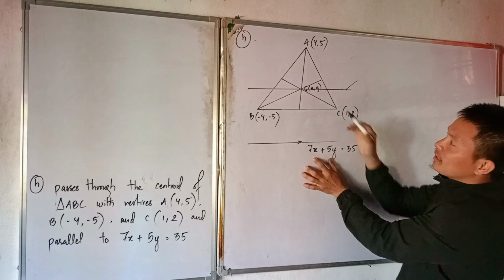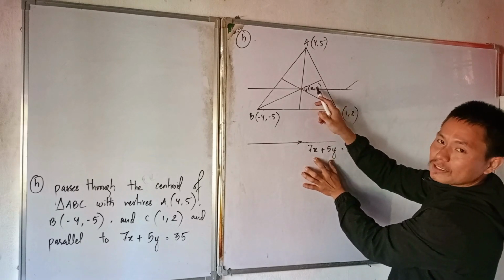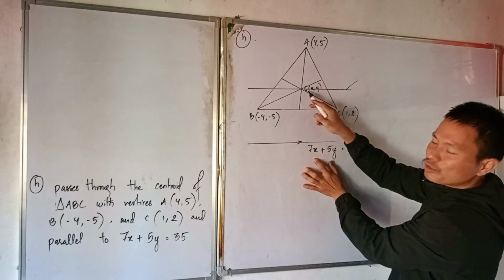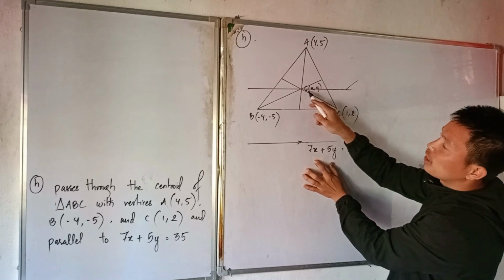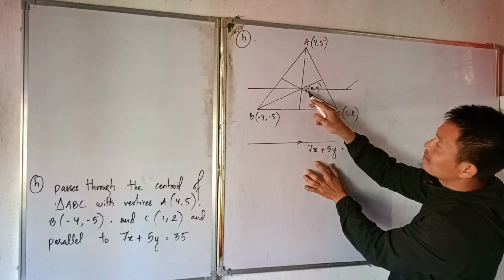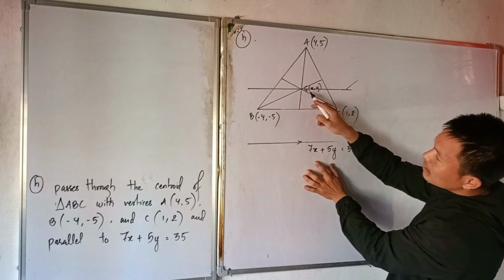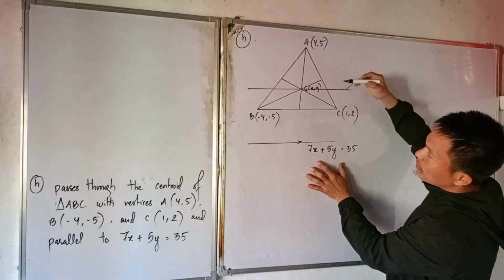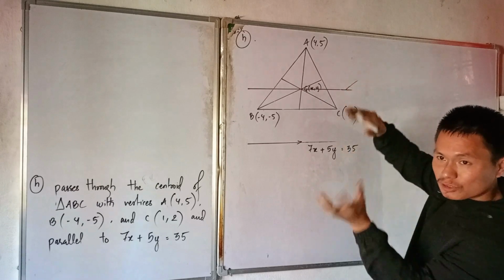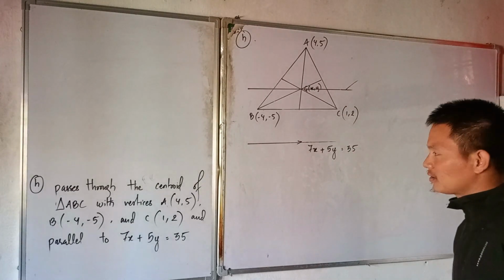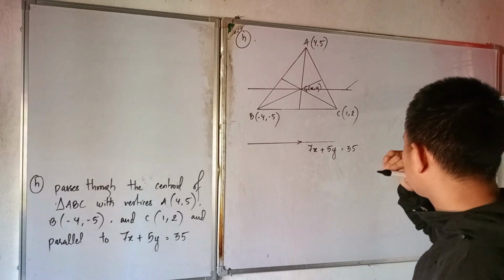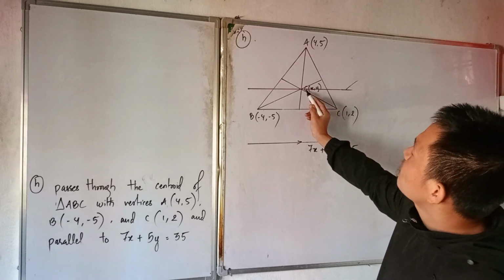After that, whatever point you find here, this centroid, you also have to know the formula for the centroid of a triangle. Then find the value of k and just substitute it, just like we did in the previous question. Now first try to get this centroid.